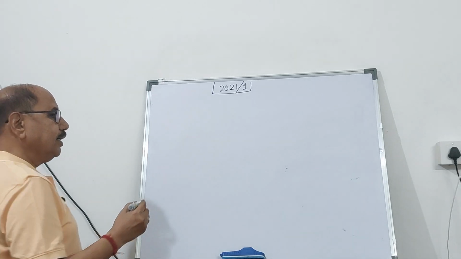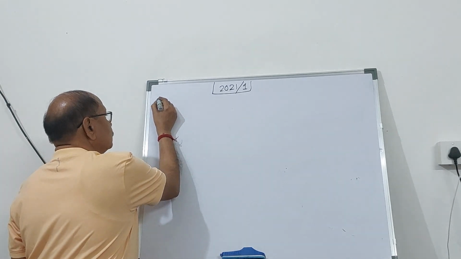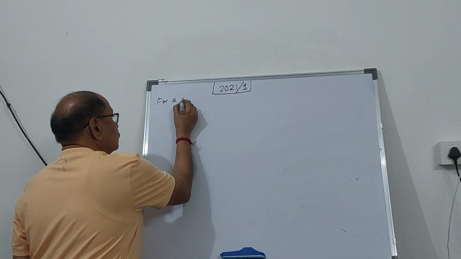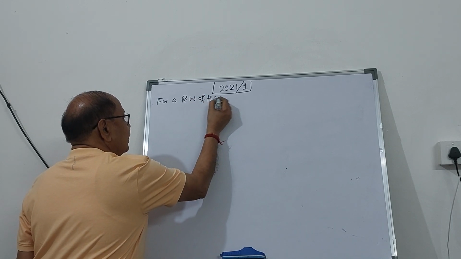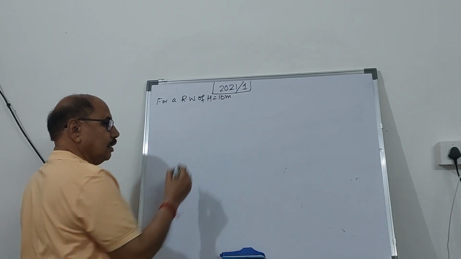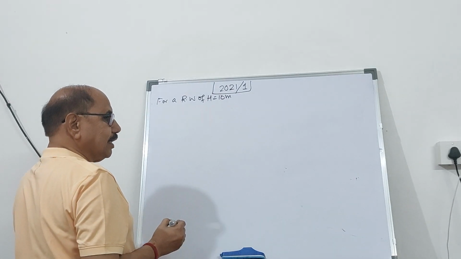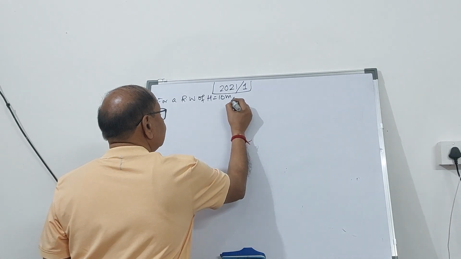Here, for a retaining wall of height 10 meter, the following data are given.